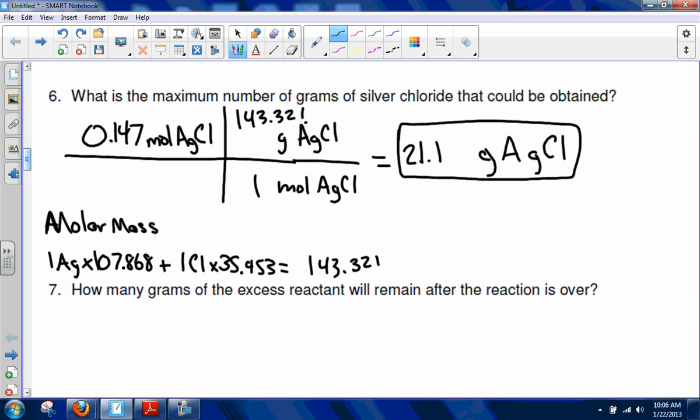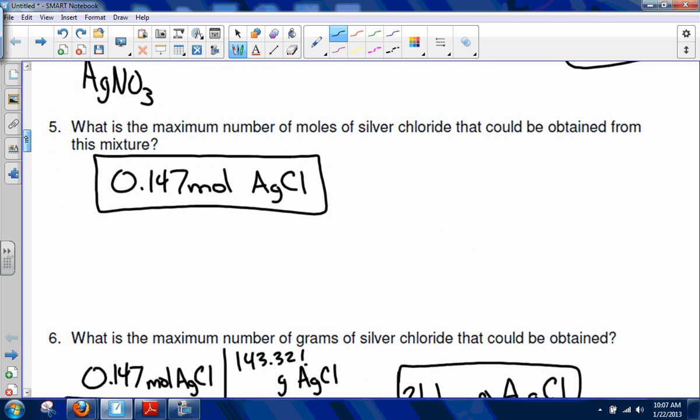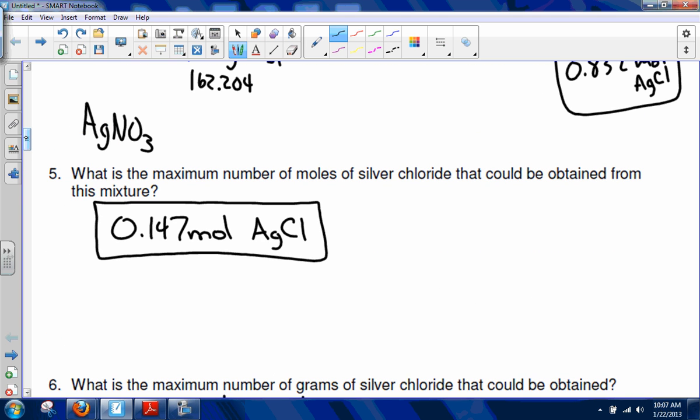The next one asks how many grams of the excess reactant will remain after the reaction is over. So we had two reactants. We had silver nitrate and we had ferric chloride. Those are our reactants. We said that the silver nitrate, AgNO3, was our limiting reactant, right?